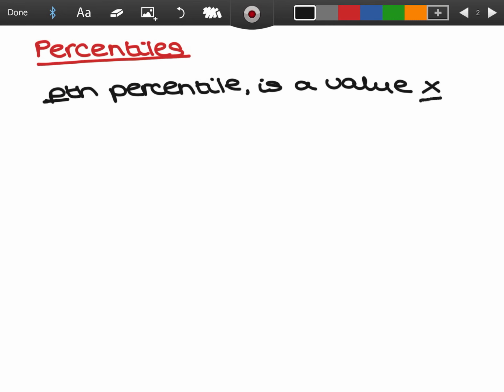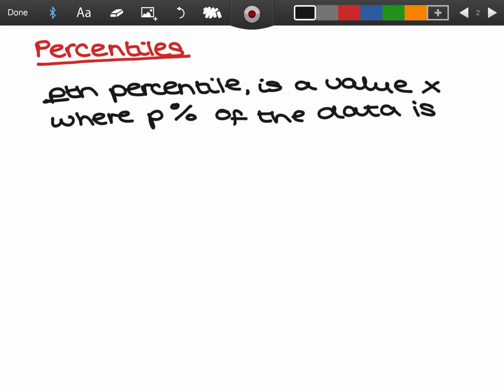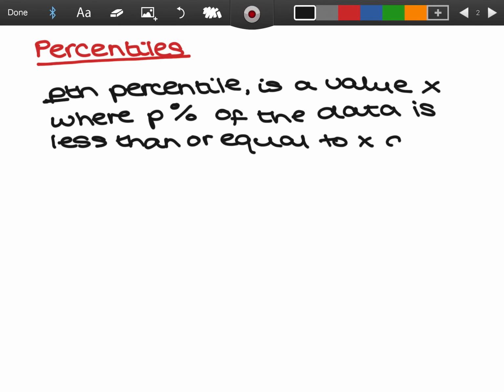Okay, so the pth percentile is a value x where p% of the data is less than or equal to x, and the rest of the data is greater than x.